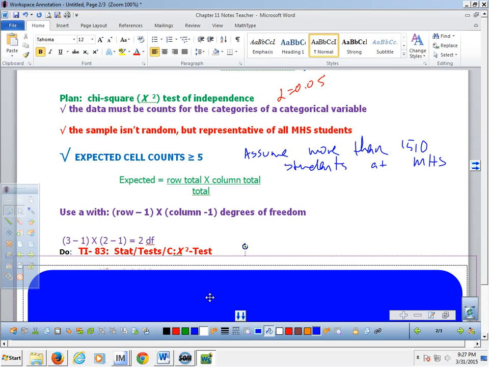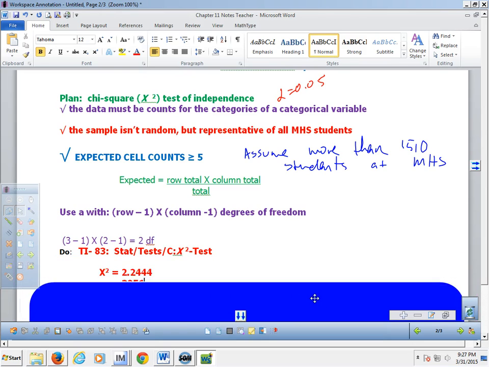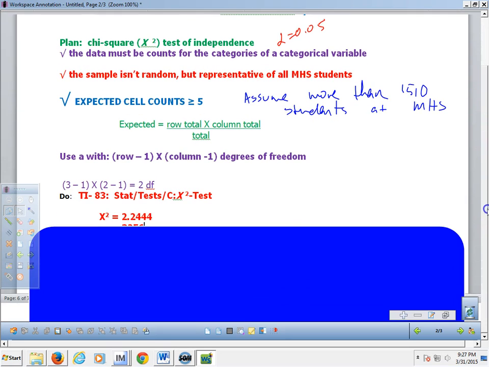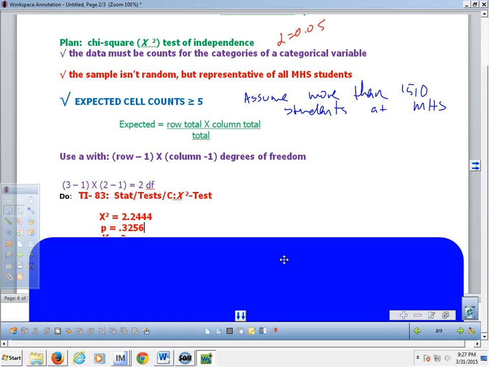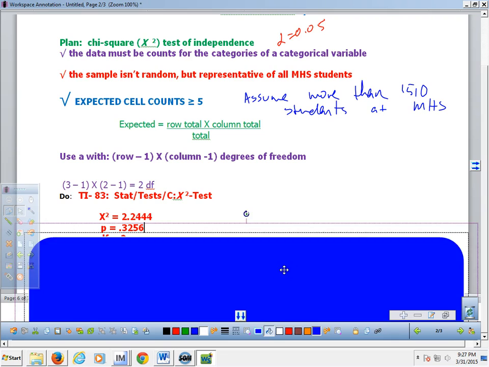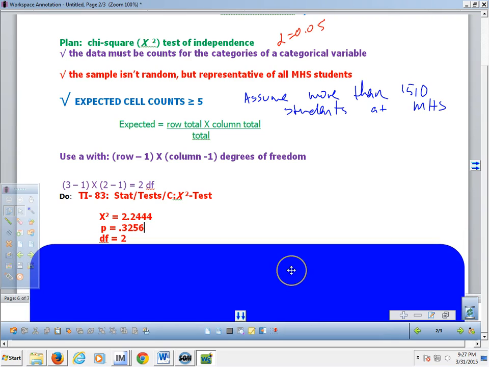If we were to run that, we would see that the chi-square statistic here is 2.2444, which gets us to a p-value of 0.3256. Again, our degrees of freedom is 2, so a p-value of 0.3256 is definitely bigger than 0.05.